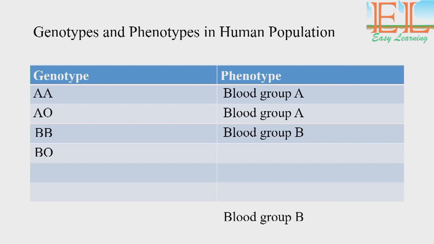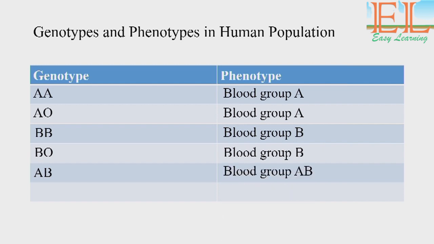Then we have a person with both alleles, which is A and B. And that means that person is codominant for the blood groups, and hence we'll have blood group AB. If the person has OO, which is recessive, since it is homozygous, that person's blood group will show O. So this is how the various blood groups come about.